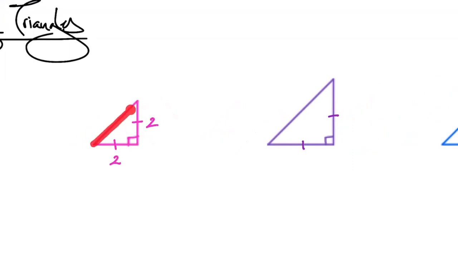Anybody happen to know the length of the hypotenuse? Or how could we find it? Ooh, root 8. I agree with that. Can you tell us how you found that? Nice.